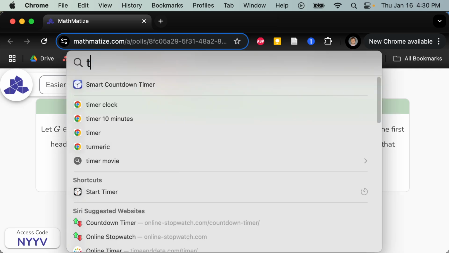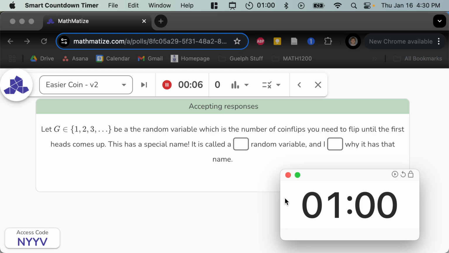Okay, I'm only going to give you like 30 seconds this time, so you've got to pick which one you think it is.